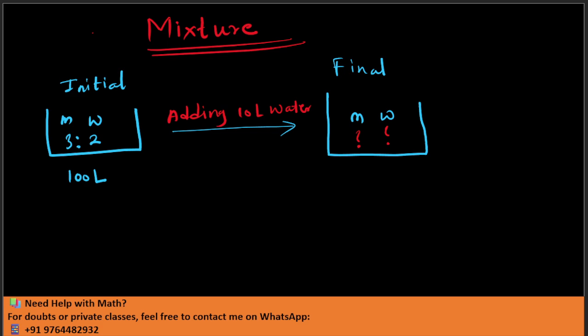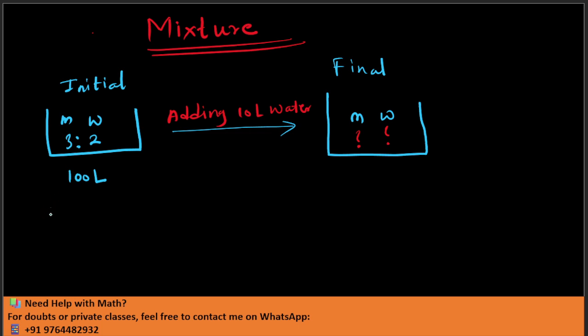Since here we have given the ratio as well as the quantity, we can find the quantity of both the components. Here 3 and 2, so let's say 3x and 2x.